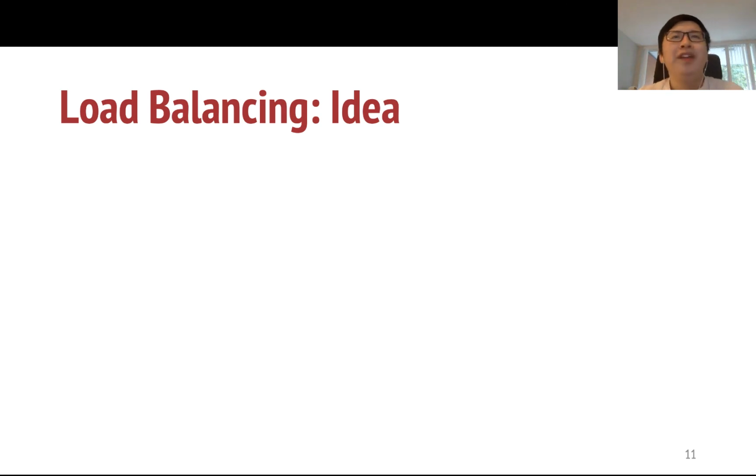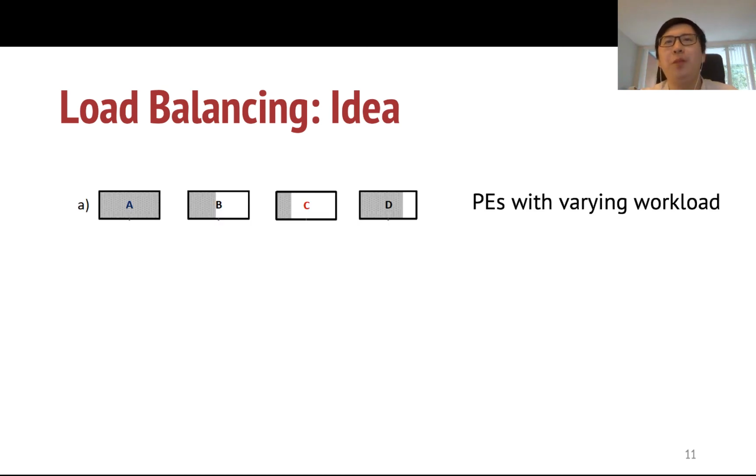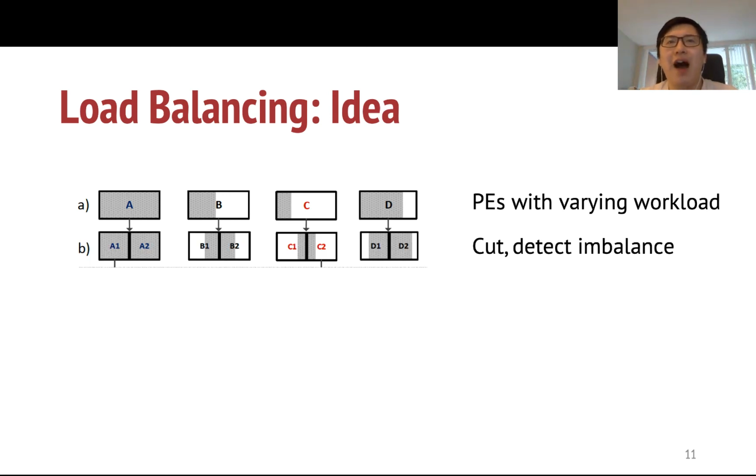In addition, we need to support efficient load balancing for dynamic sparse weights. We illustrate the basic load balancing idea with the following schematic. Assume we have 4 PEs where each PE fetches some tiled workload, and the latency will be bounded by the slowest PE with the densest workload if PEs are synchronized. To balance the workload, first we cut the workload into halves and detect the imbalance of sub-workloads by accessing the metadata with our compressed sparse block format.